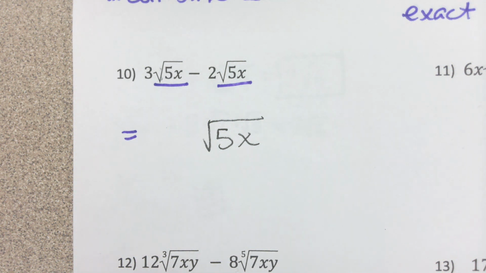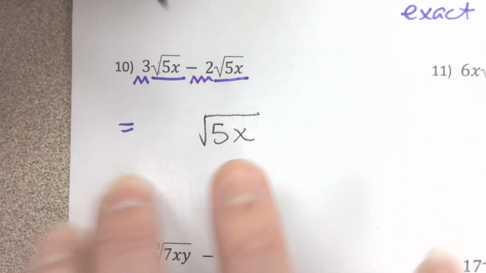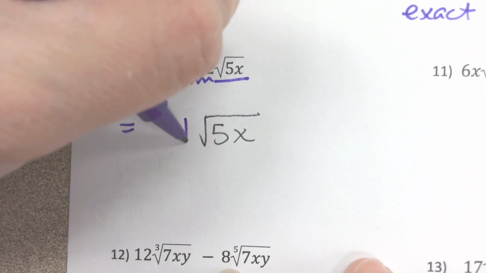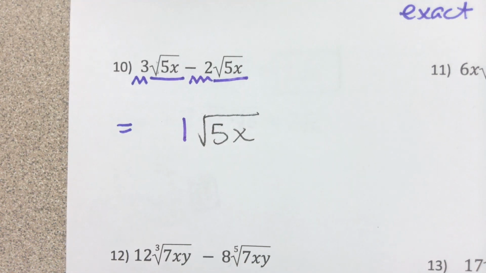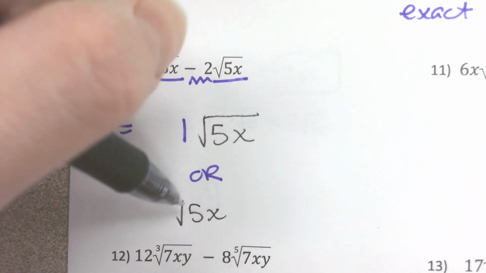The only thing we're actually going to subtract is the 3 and the negative 2. So do the 3 minus 2, which is 1. And then if you want to make your answer a little better, the 1 in front doesn't really need to be there. So we could also just say this is the square root of 5x.